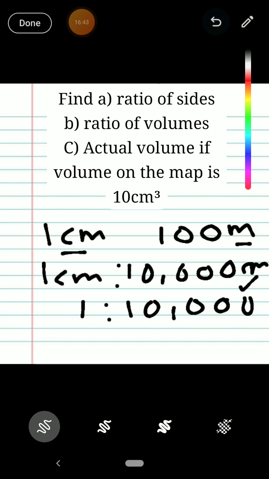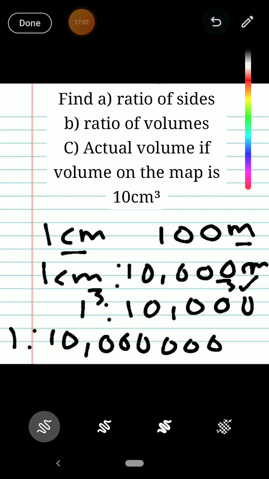Now B is asking for the ratio of volumes. To get the ratio of volumes, we just do power 3. So 1 power 3 is 1, and 10,000 power 3 is 10,000 times 10,000 times 10,000, with the zeros written out.